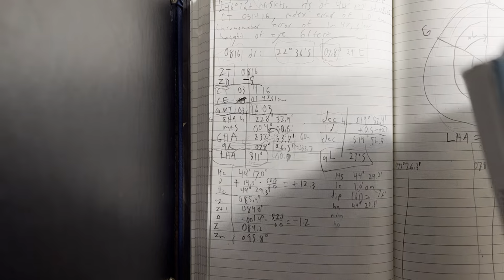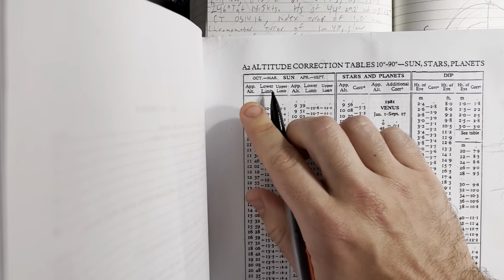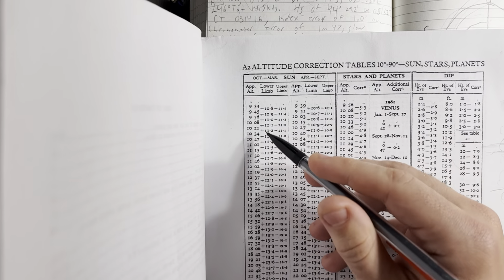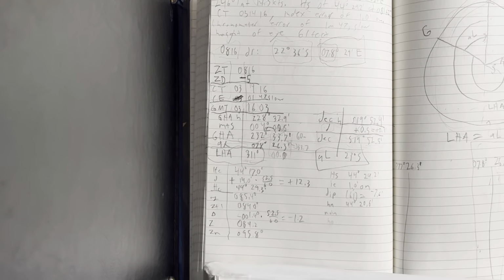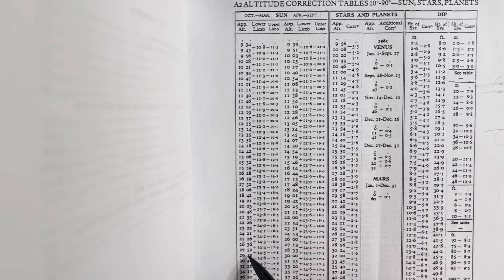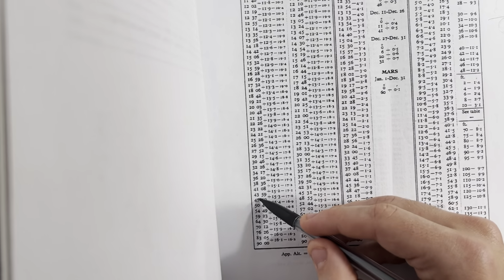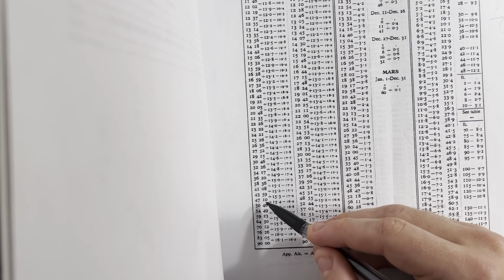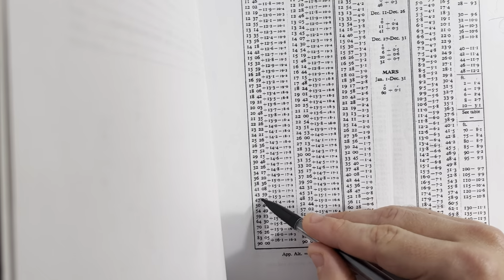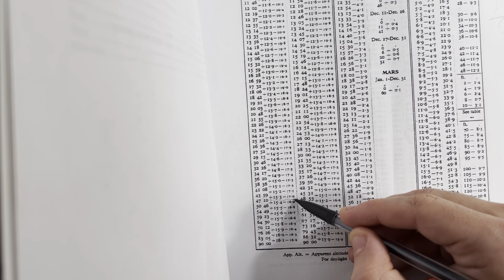So 21st of November is in this column, October to March, and we come down to 44 degrees, 20 minutes. Further down, 43, 47. So we've got 44 between the two. If it was the lower limb, it'd be plus 15.3. If it's the upper limb, it's minus 17.